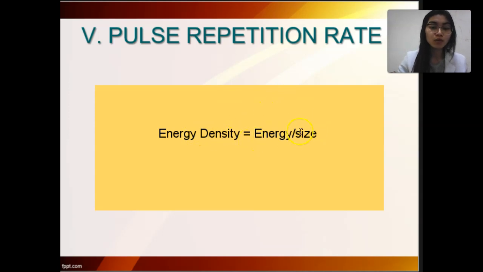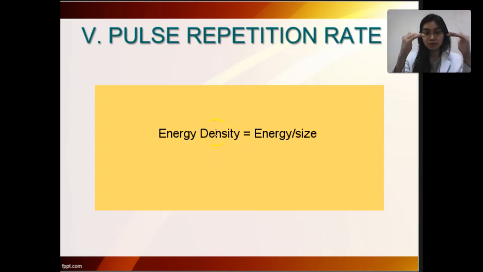And whenever we switch to the other side, yung kaninang nasa baba, which is your size, pwede na siyang dun sa taas. Like for example, this one, energy over size. When size goes here, it wouldn't be energy density over size. Hindi na siya ganon.